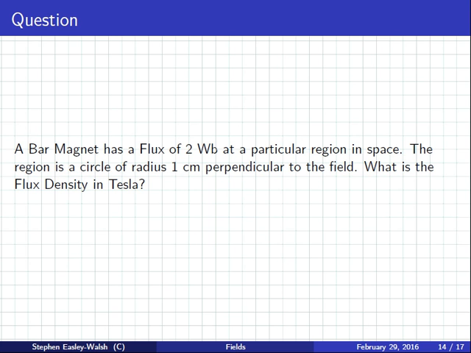Should we say over a particular region of space, but what else? Okay, can we have a look at this now?